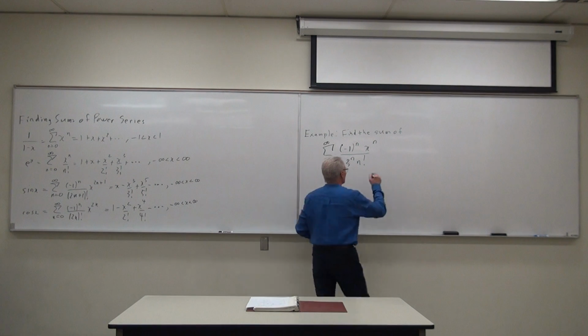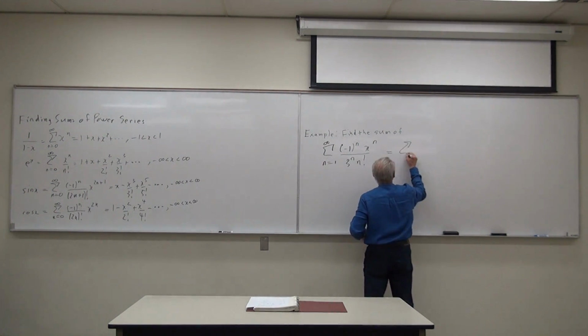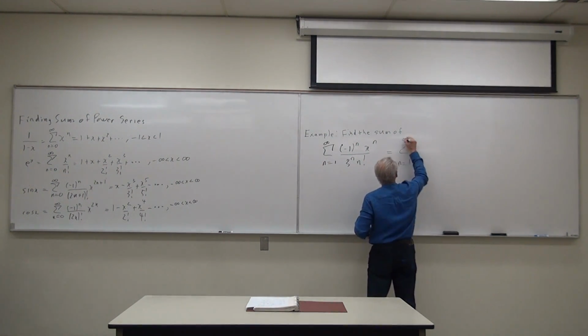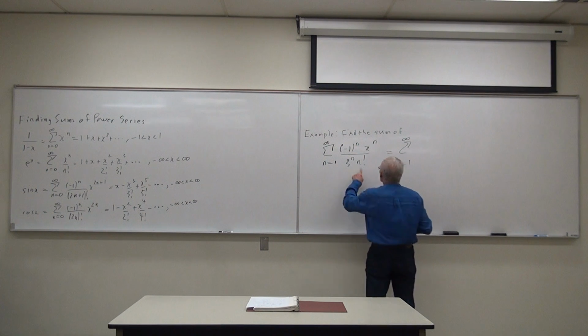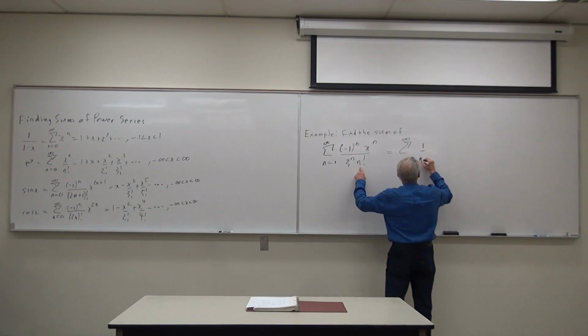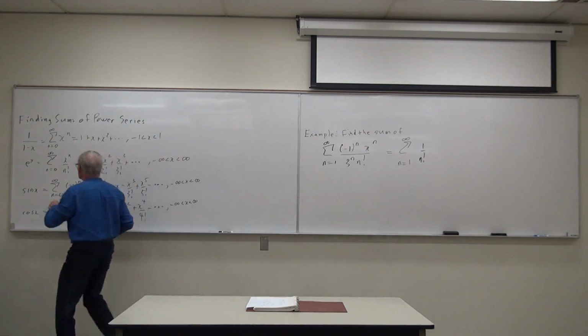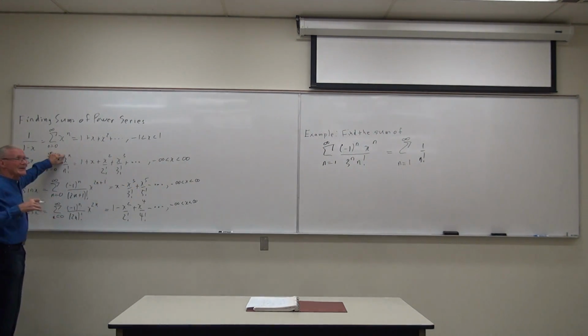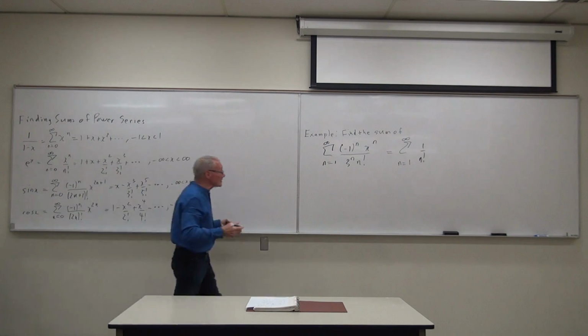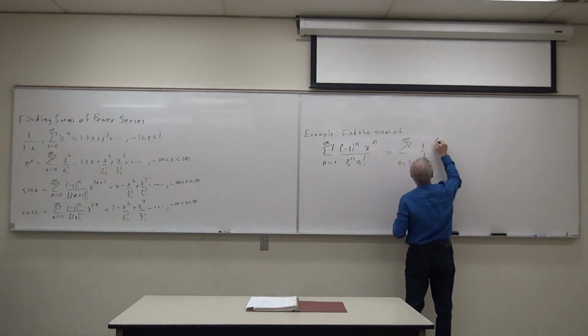So I have to start manipulating it so I can see. I'm going to leave the 1 over n factorial like that. So that part's in place. And then you're supposed to simply have something to the n. So I'm going to take the rest of it and write it as something to the n.